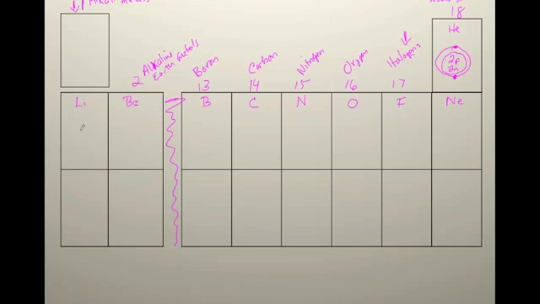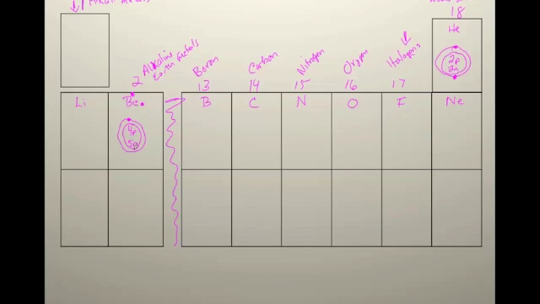We already did the lithium Bohr diagram and Lewis structure. So we'll start with beryllium. Beryllium has a Lewis dot structure of 2 electrons in its outermost shell. It has 4 protons, 5 neutrons in the nucleus.